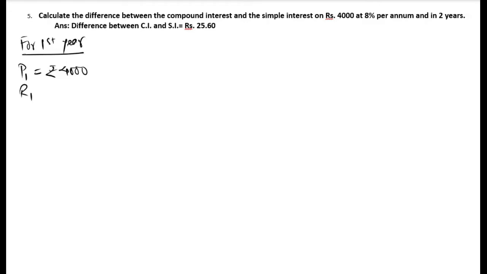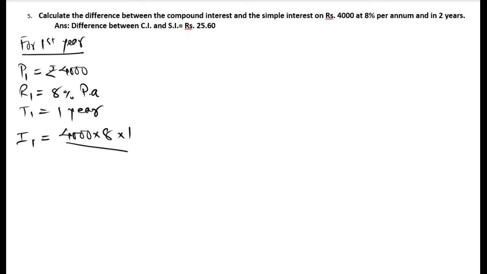What is the rate? The rate is 8% per annum, and time T1 will be 1 year. So we can find I1, which is P1 into R1 into T1 upon 100.